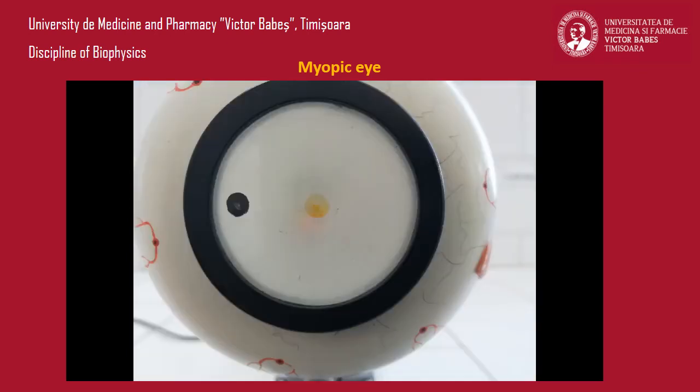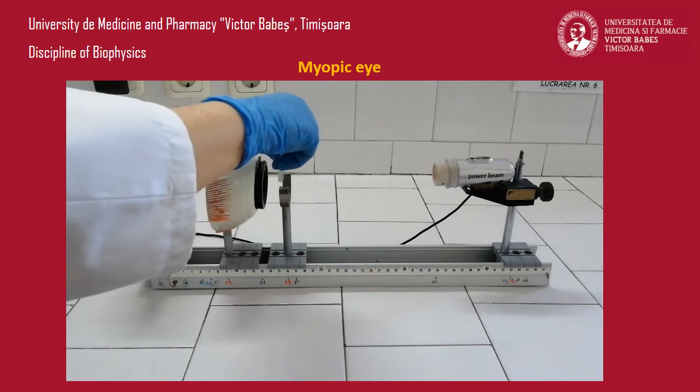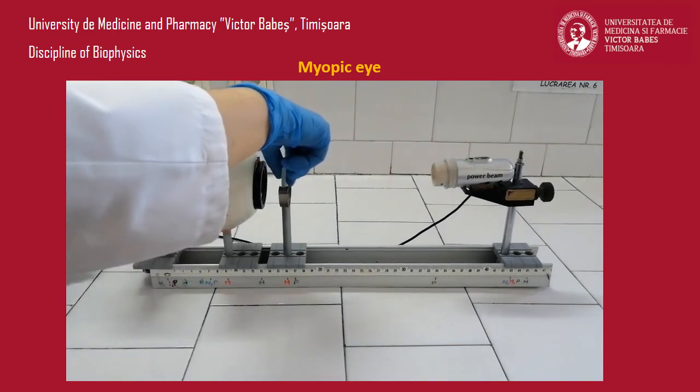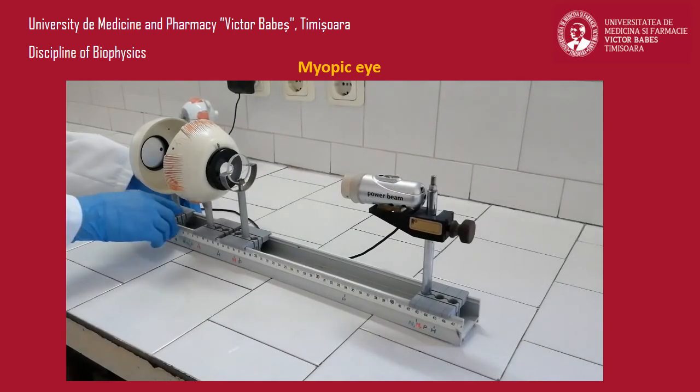Look on the screen and observe the formation of a blurry image. Place the holder imitating eyeglasses next to the corresponding M letter and insert the correction lens. Look at the screen and check correction of image.